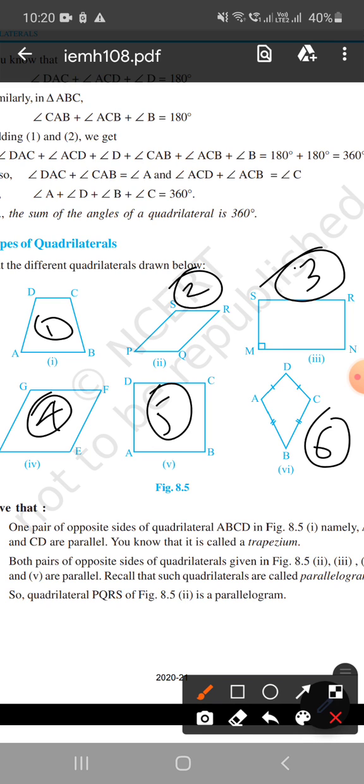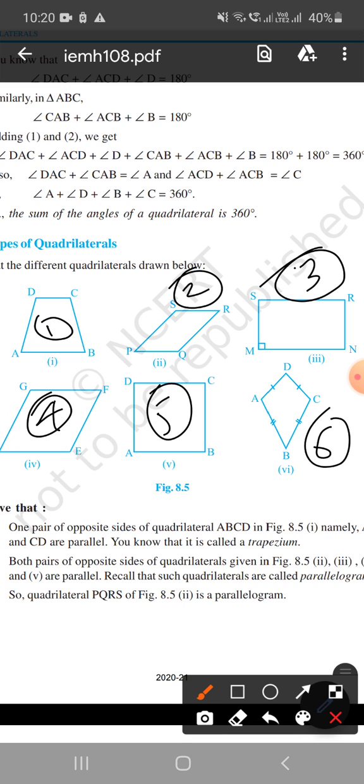Trapezium is a type of quadrilateral in which one pair of opposite sides is parallel. In a parallelogram, both pairs of opposite sides are parallel, but in a trapezium only one pair is parallel and the other two sides are non-parallel.